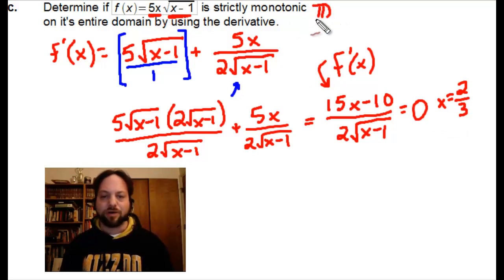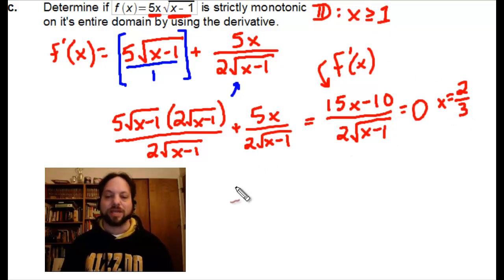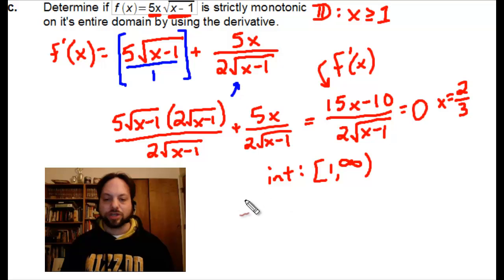The domain itself, well, is going to be x is greater than or equal to 1, and 2/3 is not in that domain. So, if we take the interval from 1 to infinity, what can we determine about its derivative? Well, take any test value you like and plug it into this interval.